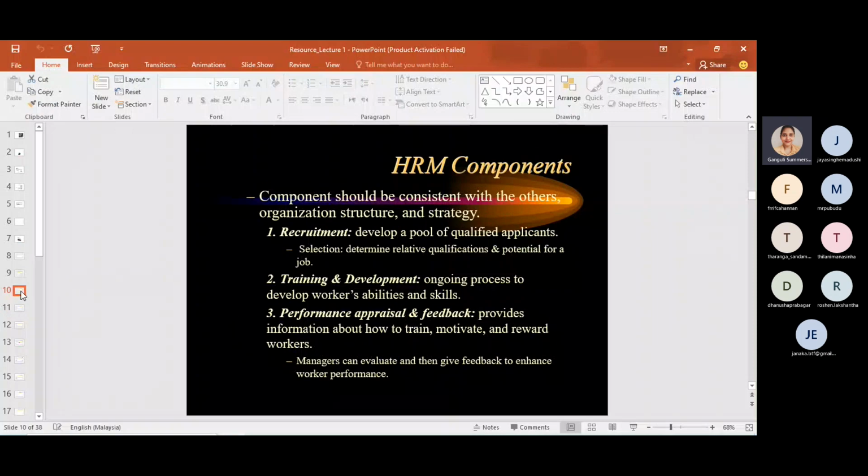So what is recruitment? First of all, let's start off with recruitment. Recruitment means basically hiring people. When you recruit people, you need to select people, right? Why is it important for you to select people?